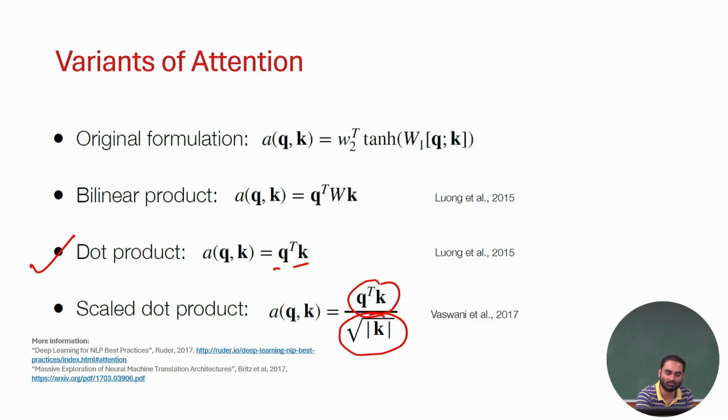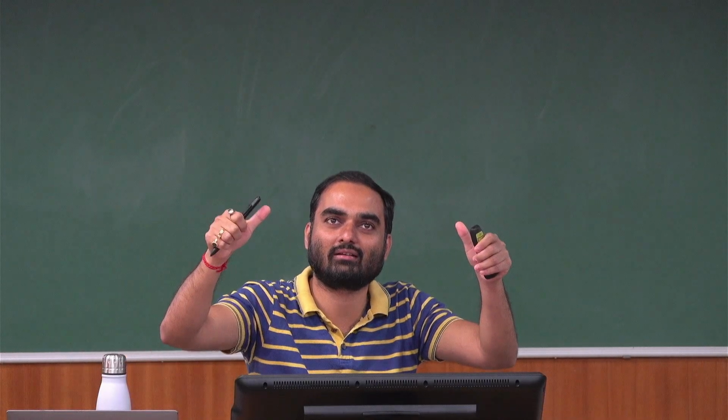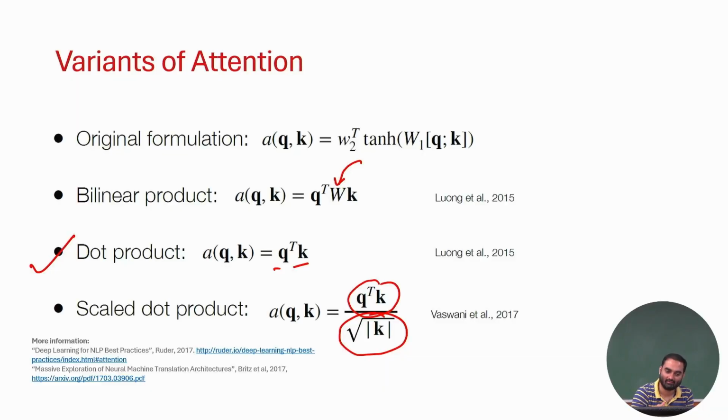If you have more data, you can also add a new parameter matrix W. So query is coming from here, key is coming from here, and with the parameter matrix here, you project query and key through this linear projection, right? If you have even more parameters, you can also incorporate two parameter matrices.